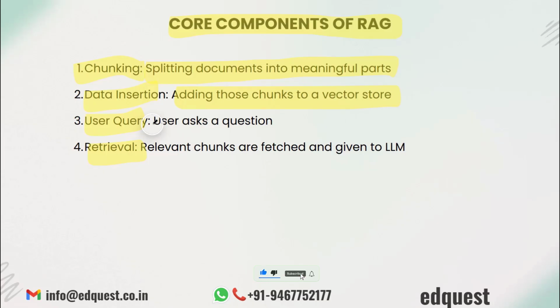User query: the user asks a question. And retrieval means relevant chunks are retrieved and passed to the LLM, which then creates a grounded response. So this structure allows the model to answer questions based on external knowledge, not just by memory.